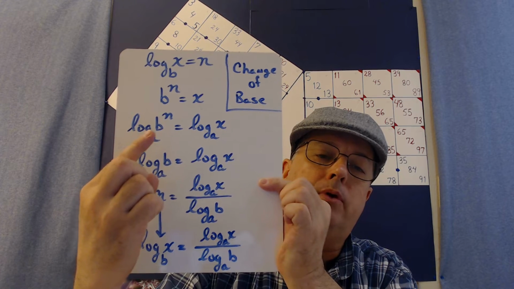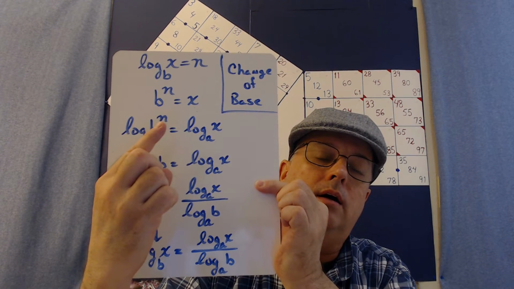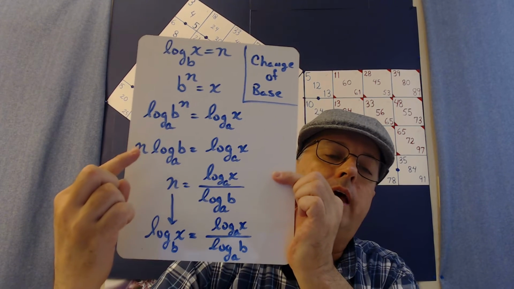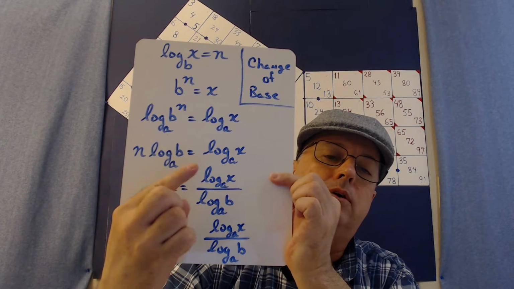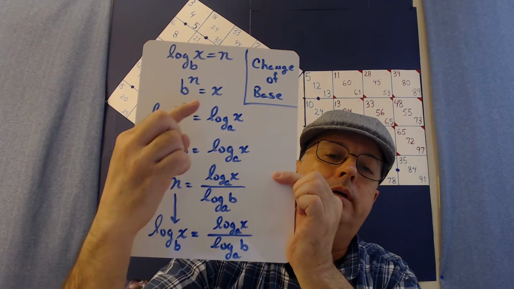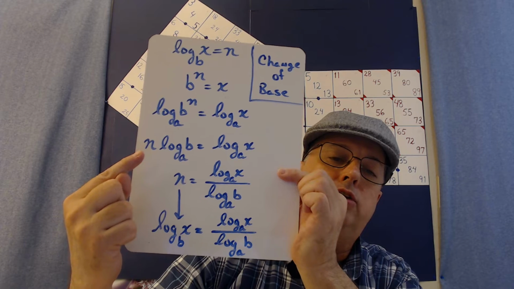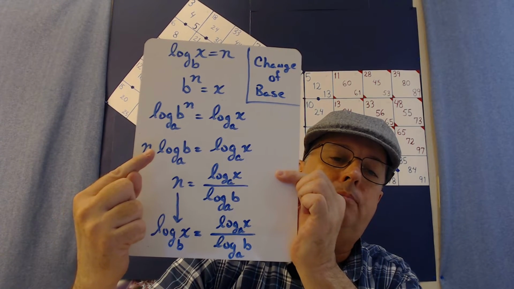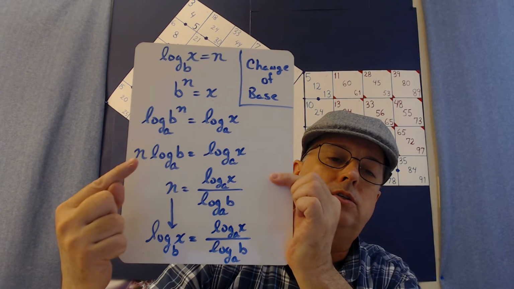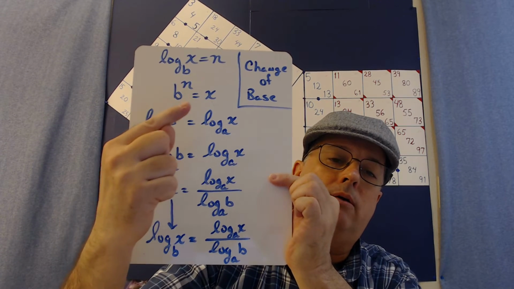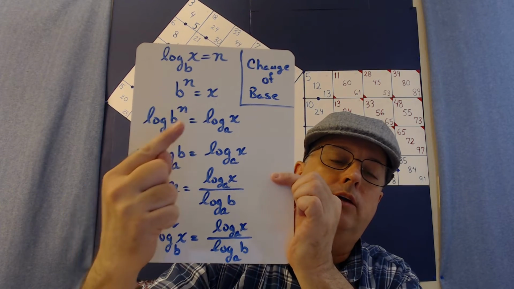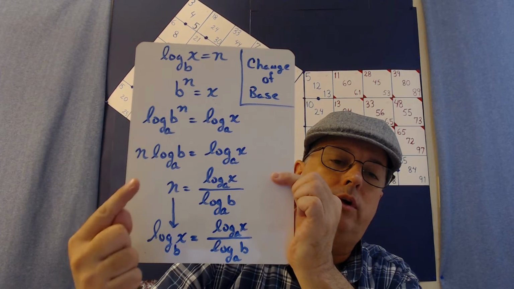And then we remember that when we have a power, that means we can multiply the powers. So the log base a of b is a power, and n is a power. Now this becomes a power to a power, which means we can multiply the powers. So n is one of the powers, and the other power is log base a of b. And so that n can come down in front.